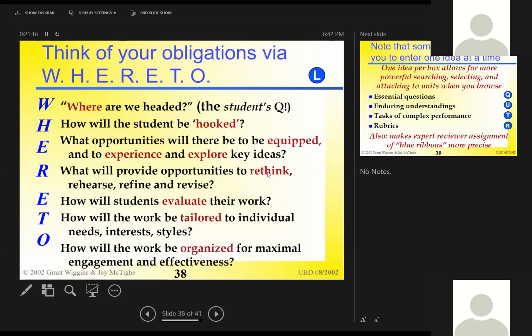What about opportunities to rethink, refine, revise? How are students going to evaluate their own work? And how are they going to tailor this, so that some students are visual learners, some are auditory learners, some need to work in a small group, and some need to work individually? You have to really think about that and figure out ways to meet the needs of a myriad of students.